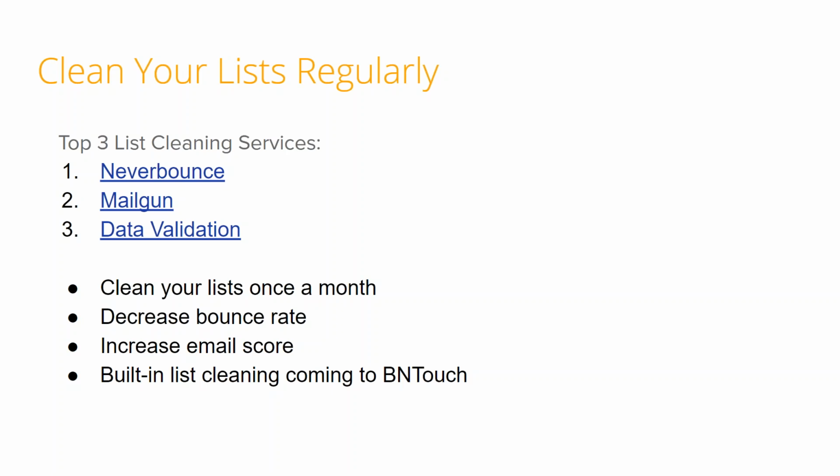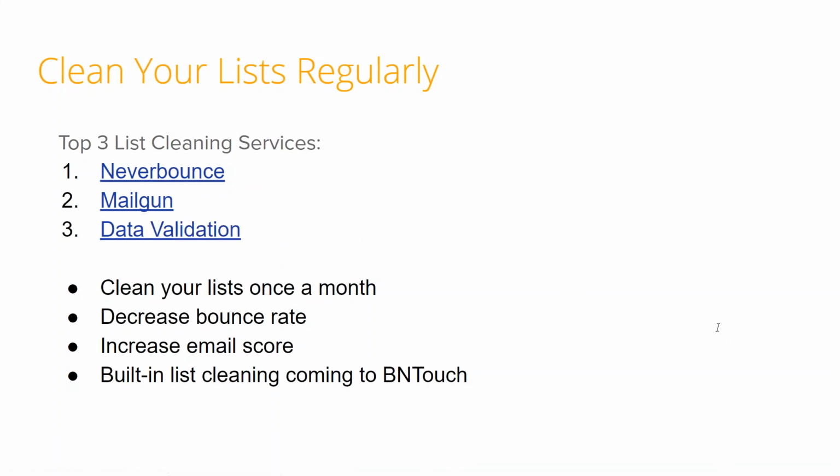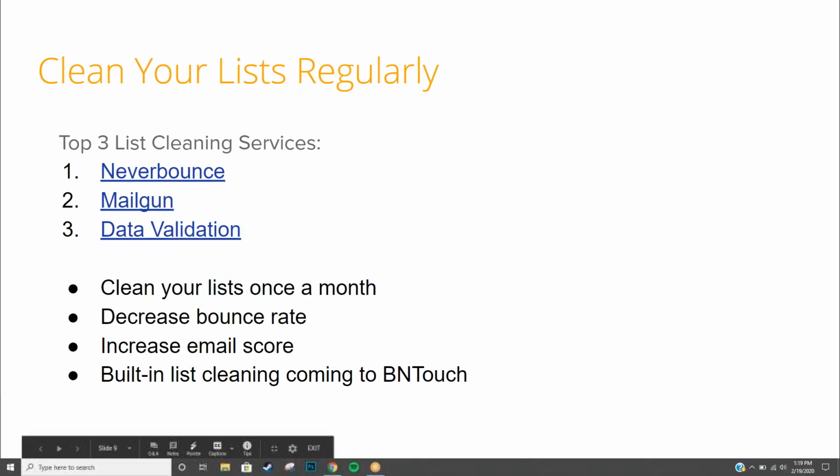But as of now, to start doing this now, NeverBounce, MailGun, and Data Validation. You can just Google any of these, they'll pop up. And I can actually just put them in the chat real quick for you as well. We've got NeverBounce, MailGun, and Data Validation all in the chat.